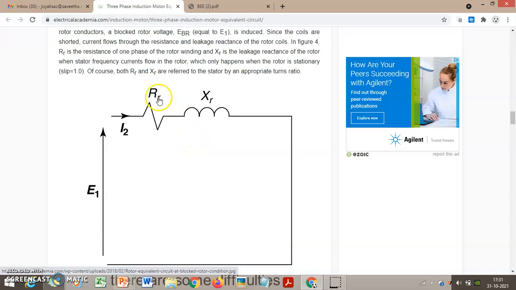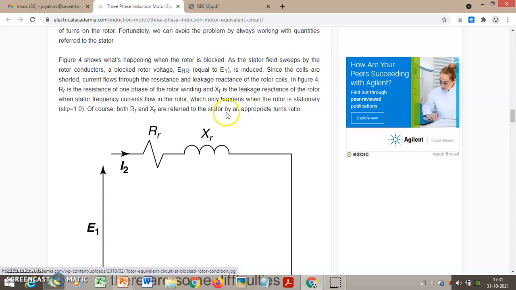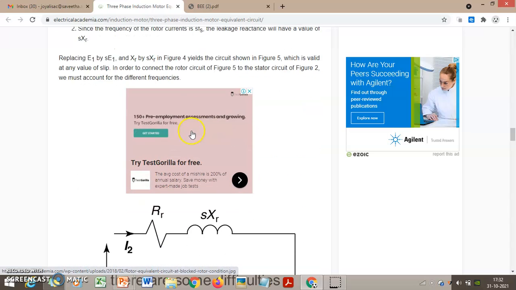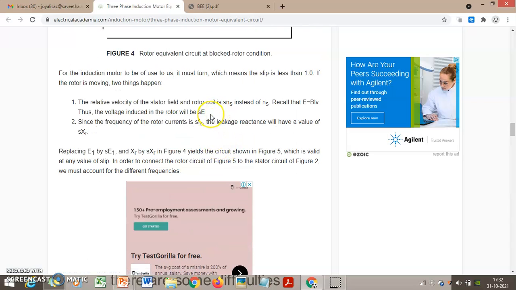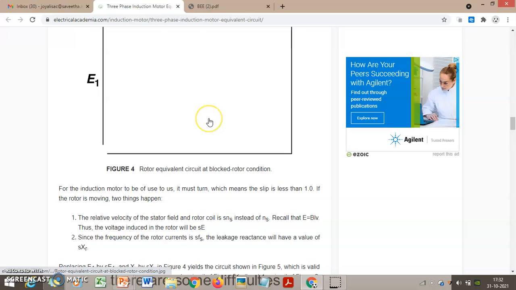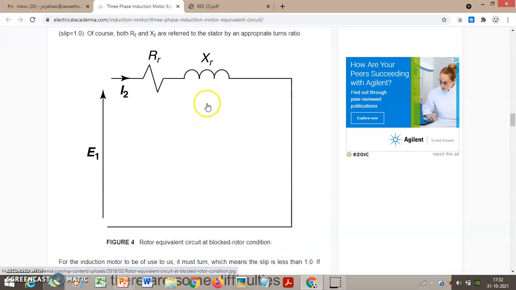Instead, we take it as R2 and XR, the rotor resistance and rotor reactance. The current flowing through the stator is I1, and the current flowing through the rotor is taken as I2. Now we are trying to combine these two into one. When the rotor starts rotating, then this XR will not be taken as XR.